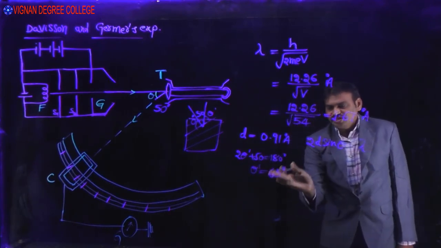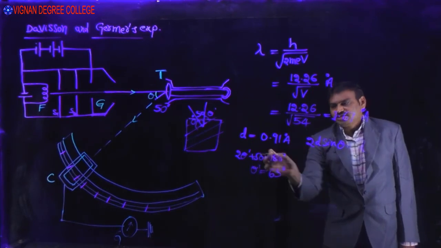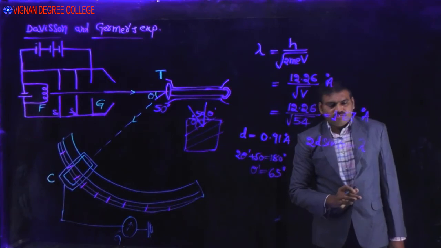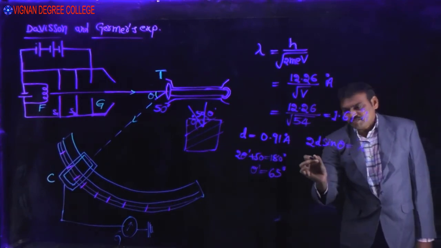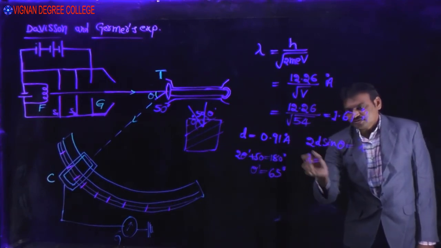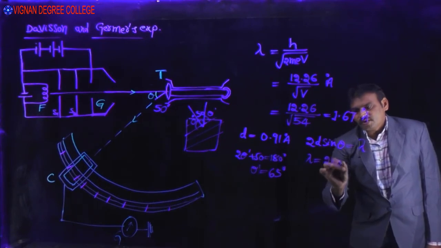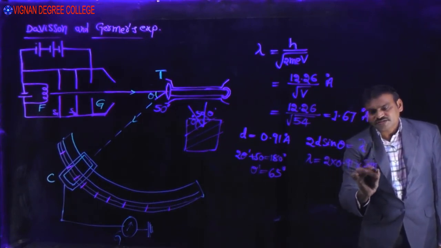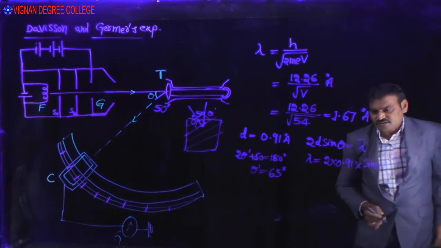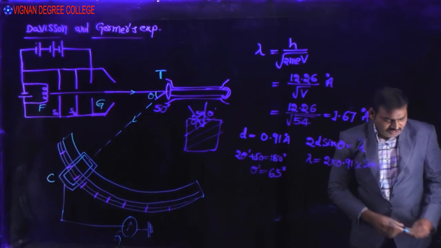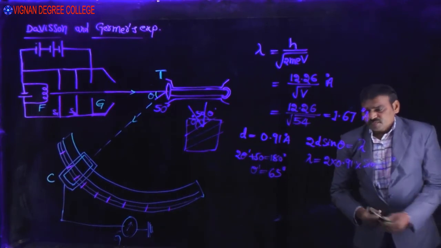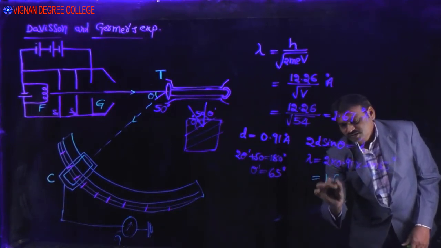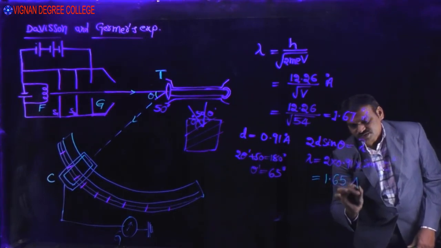Theta dash is 65 degrees, d is 0.91 angstroms. We can calculate lambda by substituting these values: 2 into 0.91 into sine 65 degrees. By simplifying this, we get lambda equal to 1.65 angstroms.